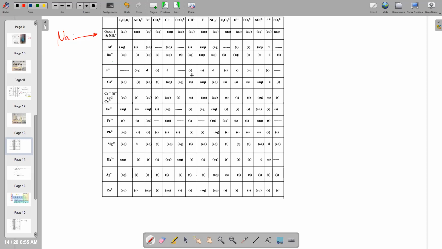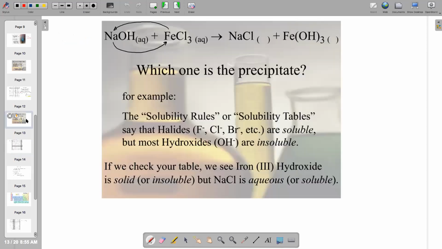You also notice other things. Hydroxides are generally solids. There are a couple of hydroxides which are aqueous, like group 1 hydroxides and barium hydroxide, but lots of other hydroxides are insoluble. They form solids. So sodium hydroxide is aqueous.